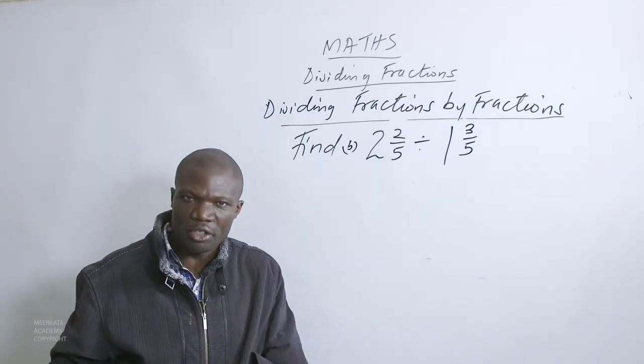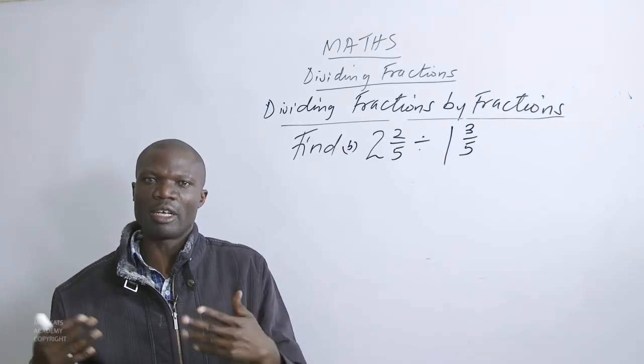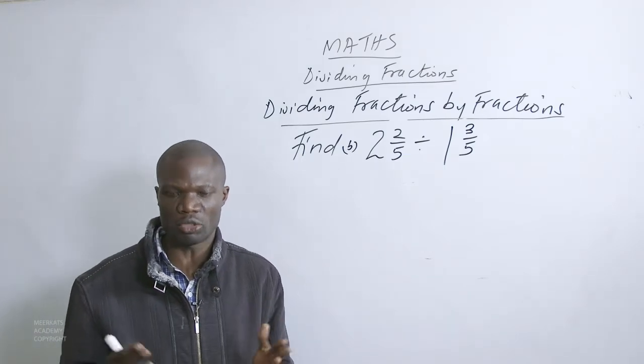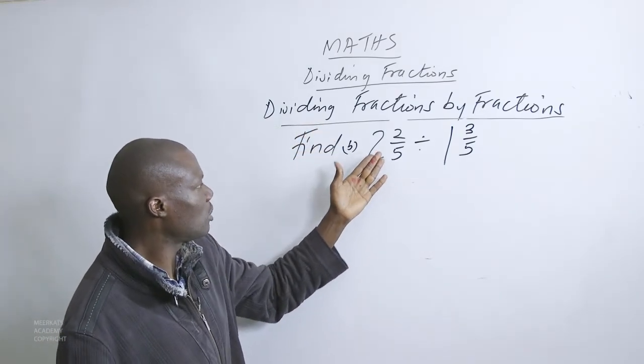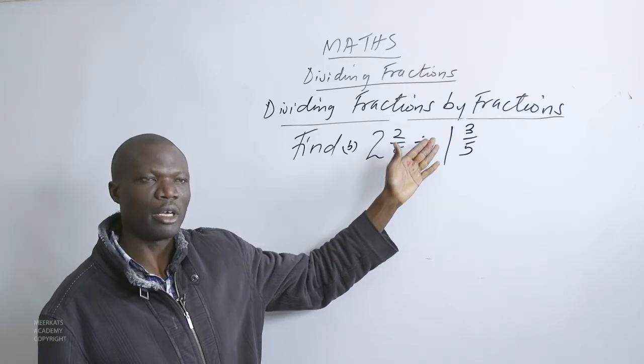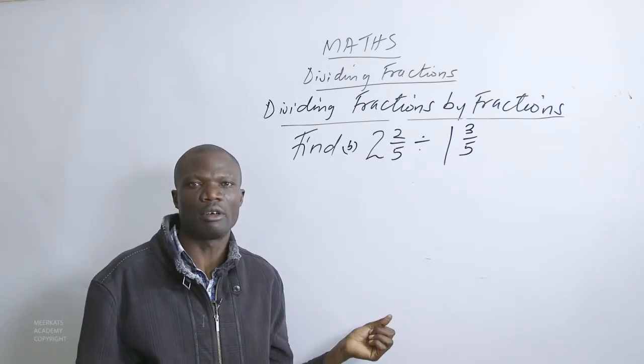Next question, we are going to take a mixed numeral divided by another mixed numeral. So in this particular case, we have 2 and 2 over 5 divided by 1 and 3 over 5.